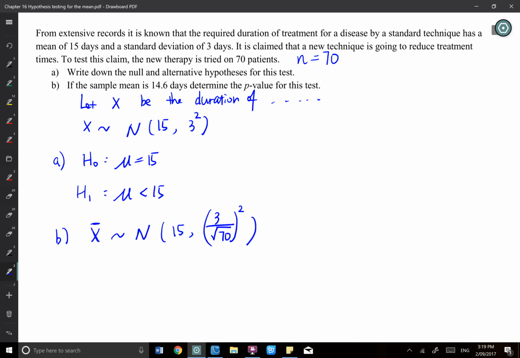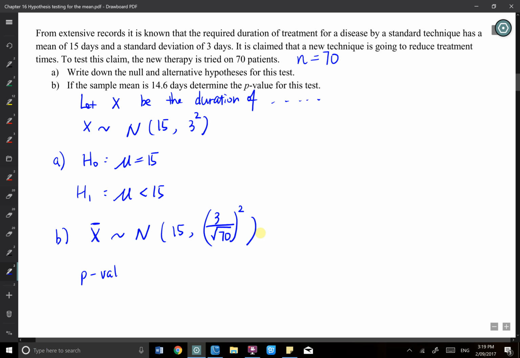That's the sample mean distribution. And if the sample mean is 14.6 days, determine the p-value. What's the p-value? The p-value will be the even more extreme value compared to the observed one. So it's the probability that x bar is less than 14.6 days.